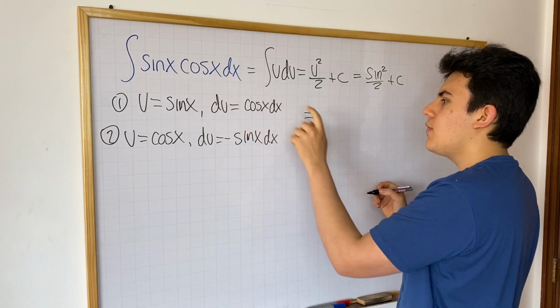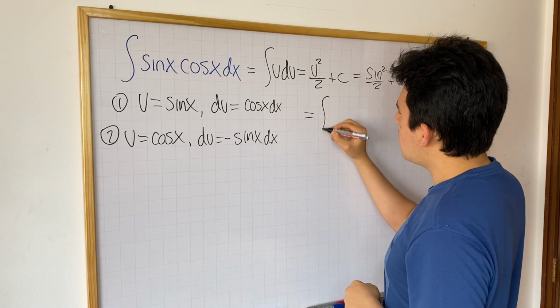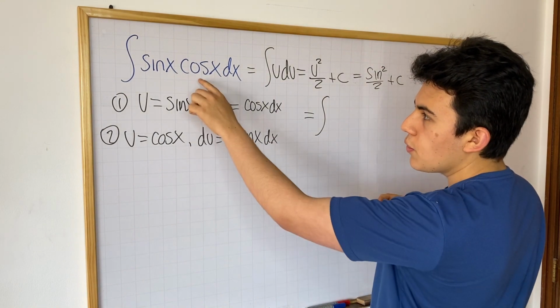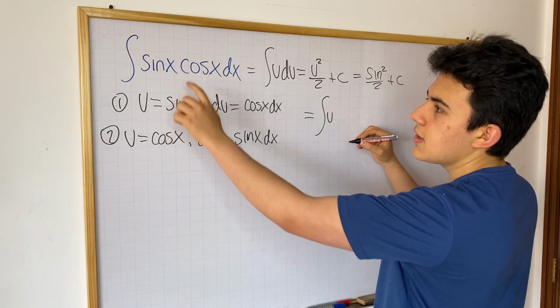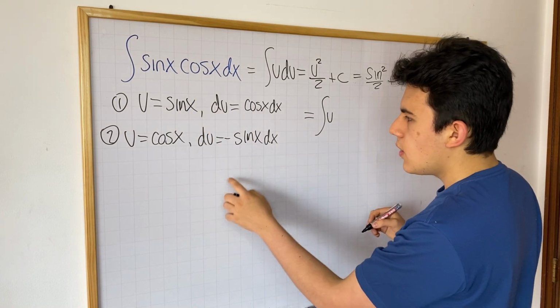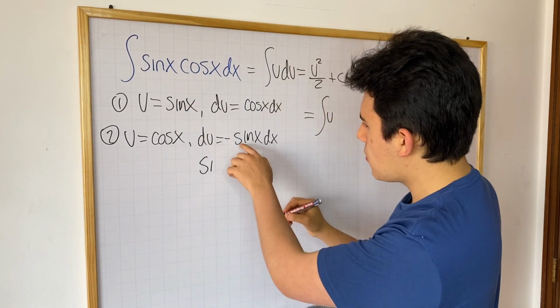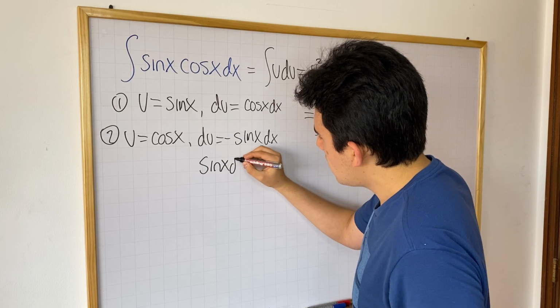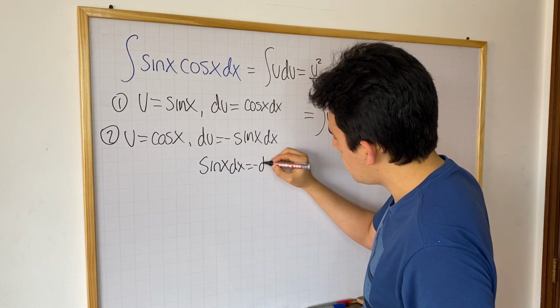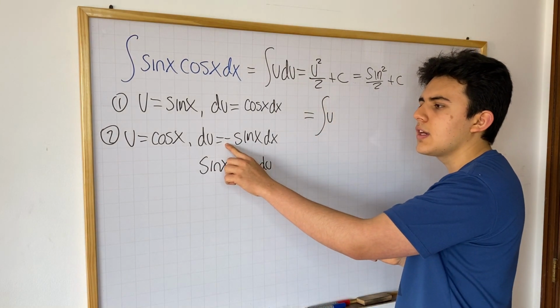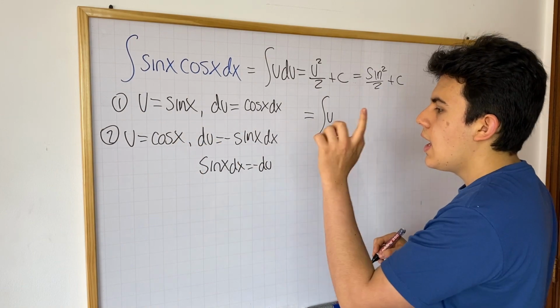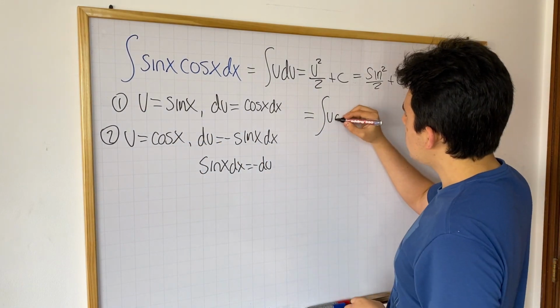This antiderivative is equal to the antiderivative of u times sine x dx. From the equation up here, sine x dx is equal to minus du, since you can move the negative one to the other side of the equation. So this is minus u du.